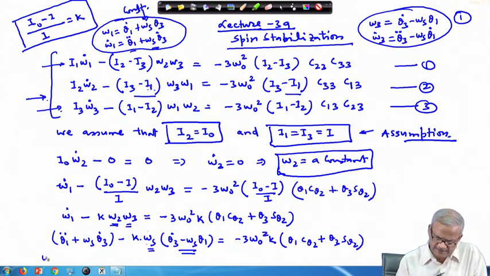We can rearrange this term to write it like this: theta 1 double dot. Here we see that theta 3 dot is present in this place and also in this place.